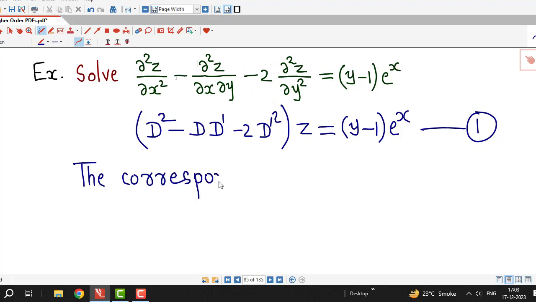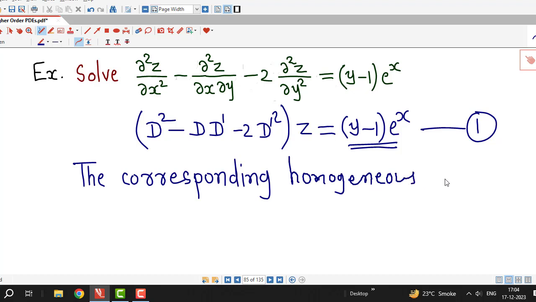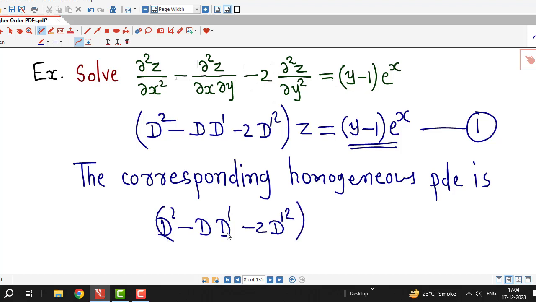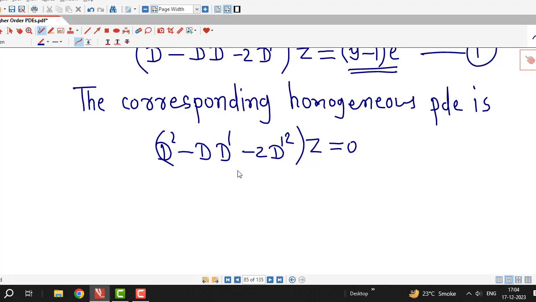The given equation has a non-zero function on the right hand side, so it is non-homogeneous, and to solve this non-homogeneous equation we first solve the corresponding homogeneous partial differential equation. That we can write by considering the right hand side equal to 0. So my homogeneous equation is this one, and here f(D, D dash) is homogeneous in D and D dash.